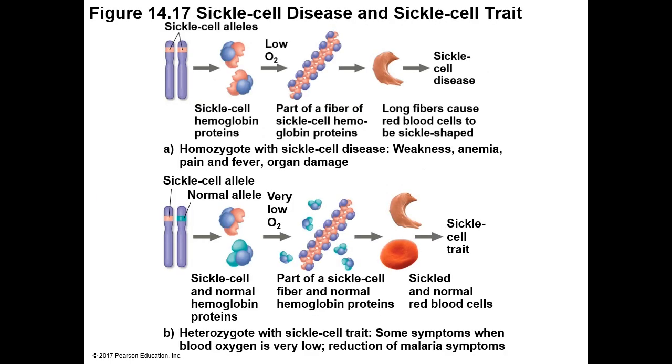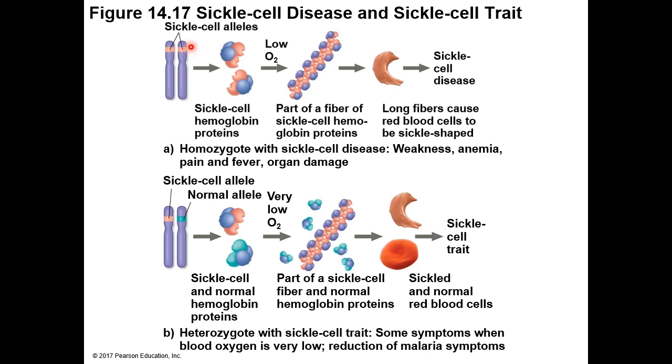So here we see a diagram of how that substitution mutation is going to lead to the sickle cell disease trait. Here we have a heterozygote and a homozygote. This individual is going to have a substitution mutation in the DNA in both the paternal and the maternal chromosomes.